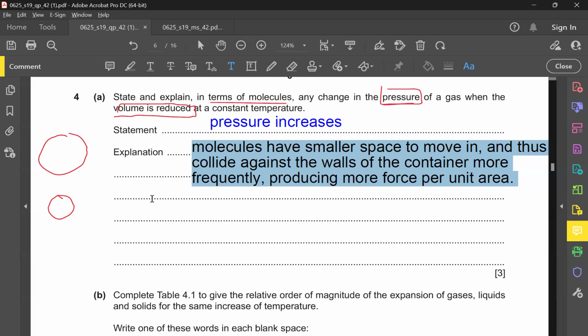But you don't know this formula. Can also, but not really included in the mark scheme. In terms of the force over area formula, you're supposed to write it. You're supposed to say that it collides more frequently against the wall and thus produces more force per unit area.